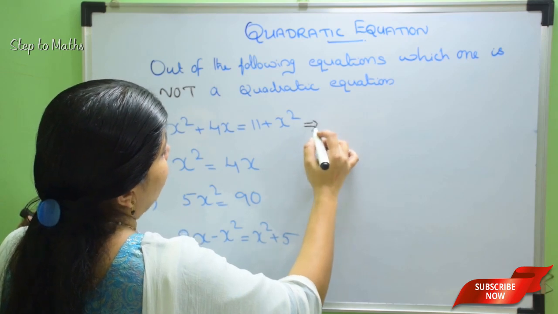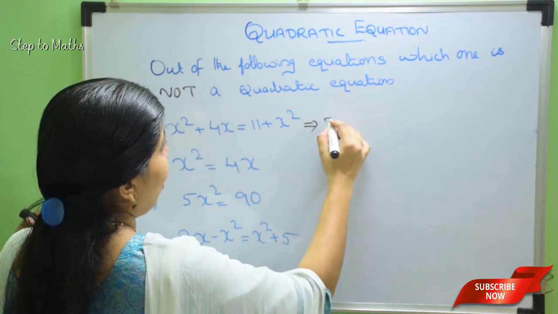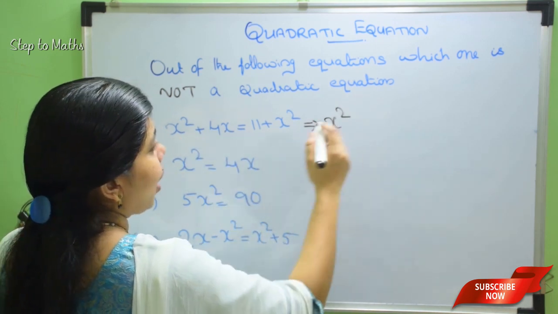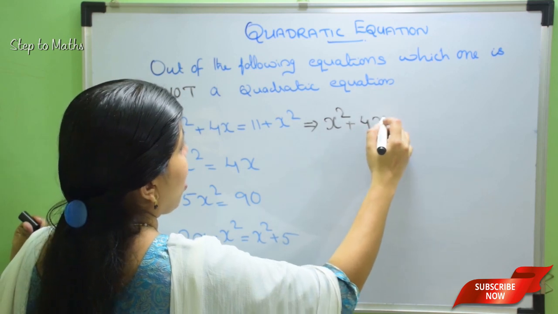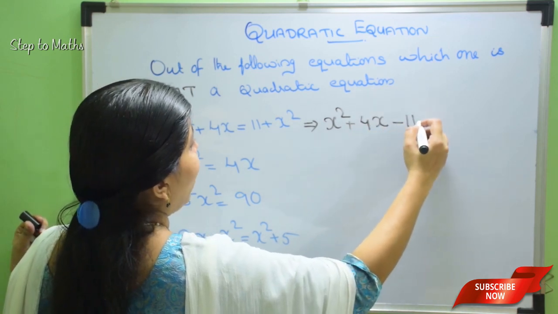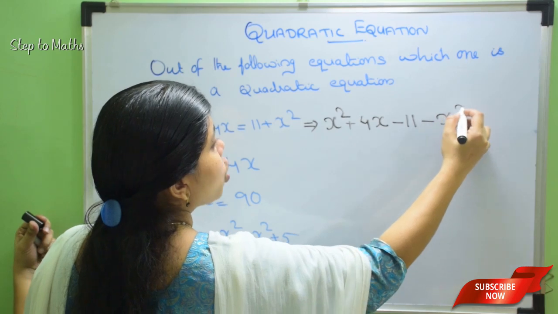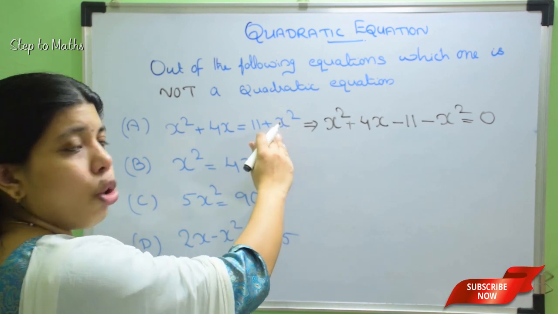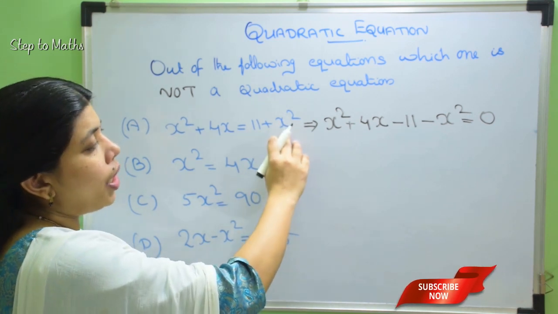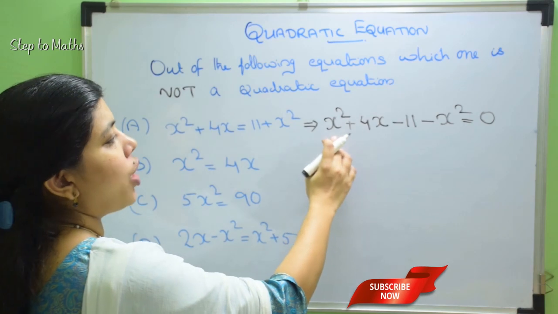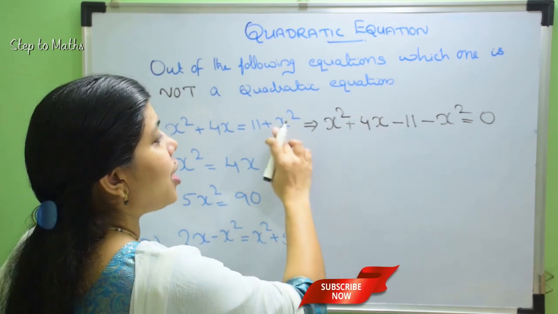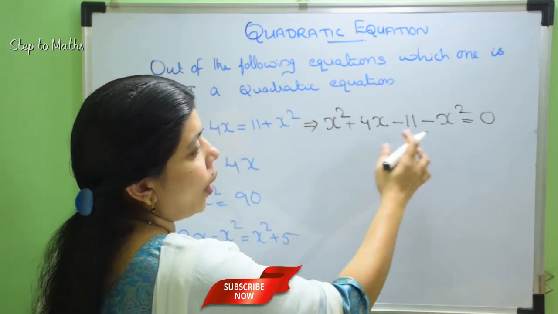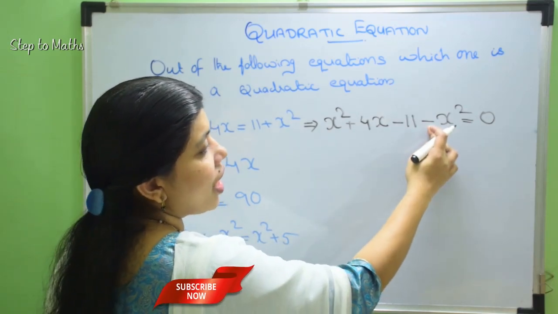How can we rearrange this equation? x square plus 4x minus 11 minus x square equal to 0. Move the terms from the right hand side to the left hand side. x square plus 4x minus 11 minus x square is equal to 0. x square minus x square.